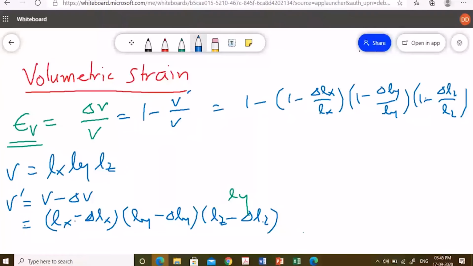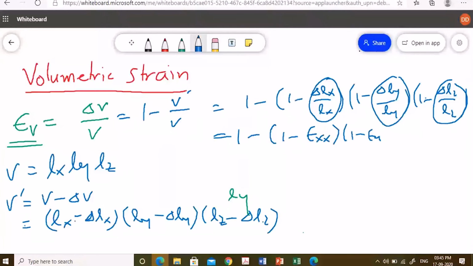Now, can anybody tell me what this is? It's the partial change, that's basically epsilon xx, right? 1 minus epsilon yy and 1 minus epsilon zz. Because it's the normal strain, there is no shear. Remember that, only normal stresses are applied.